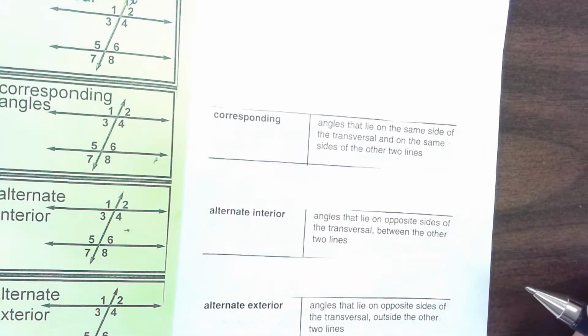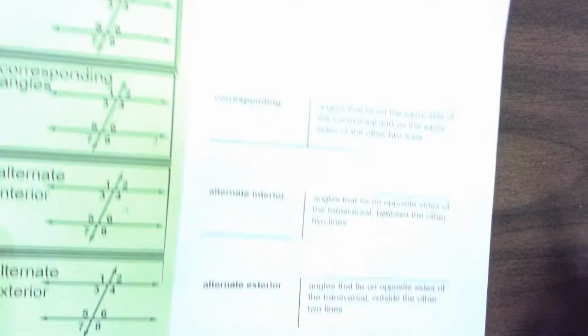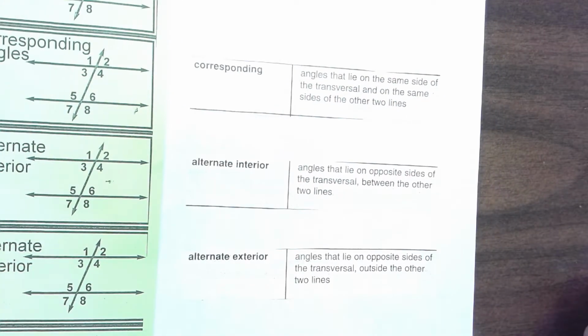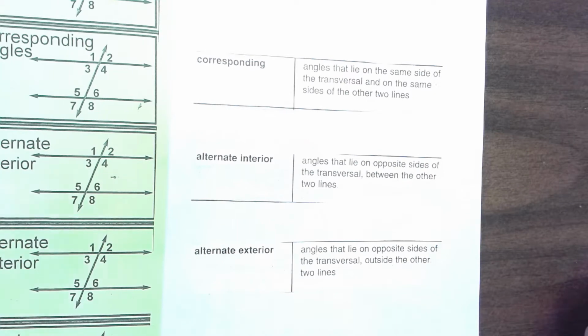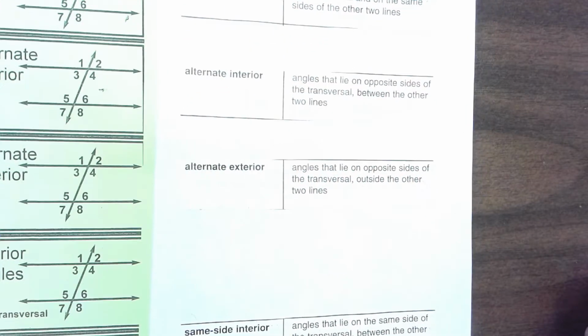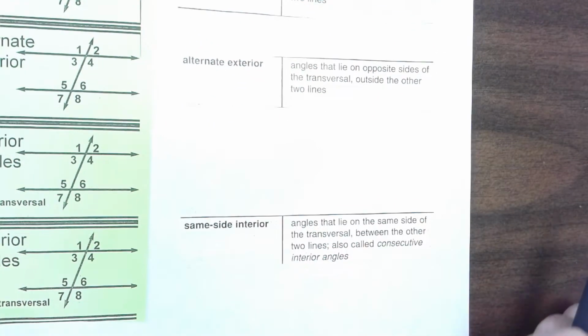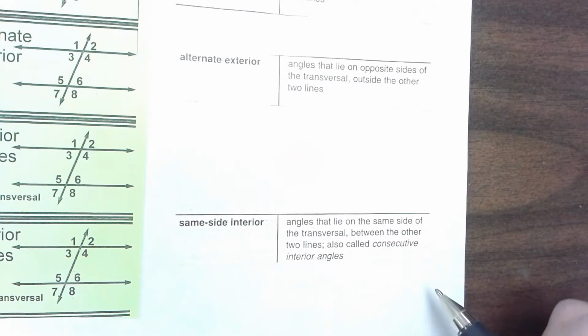Notice it didn't say parallel, so that applies to what we're going to be doing today. Your alternate interior angles lie on the opposite side of your transversal between the other 2 lines, and the alternate exterior lie on the opposite sides of the transversal opposite the other 2 lines. And then we have interior and exterior angles, and I went ahead and put same side interior down there.